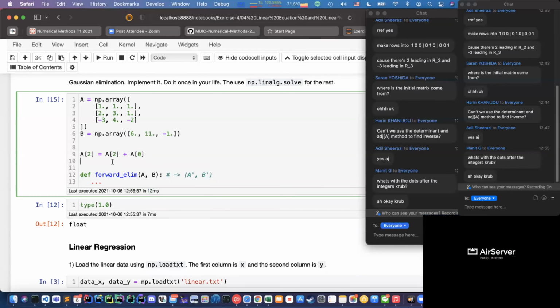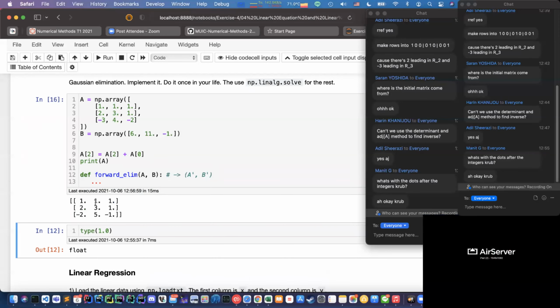This is how it works. Print A. It does exactly what you think it should do. That's good. This is going to save you at least one for loop and make your code look very easy. Everyone understand what you do, right?